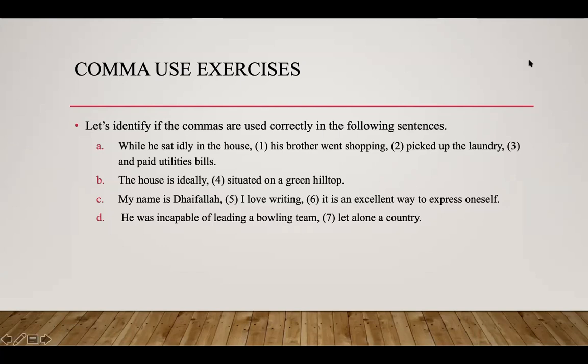C. My name is Dhaifallah, comma. I love writing, comma. It's an excellent way to express oneself. Now, in C, number 5, is it correct or not?